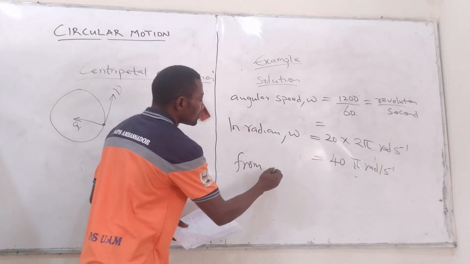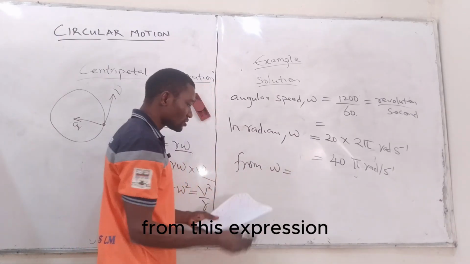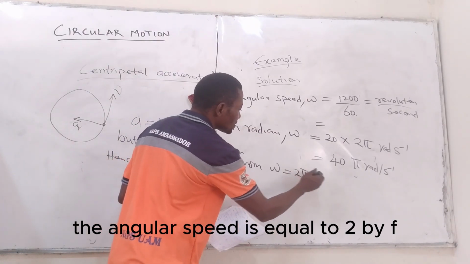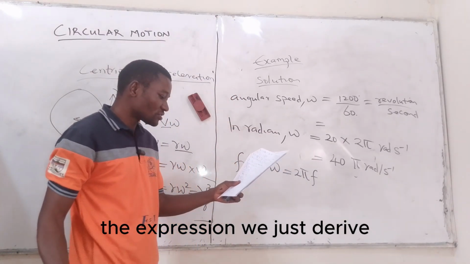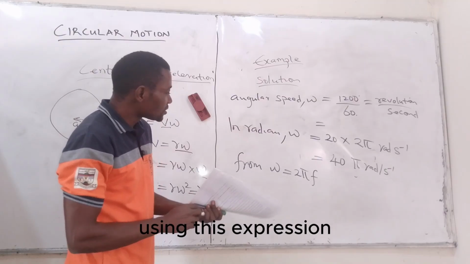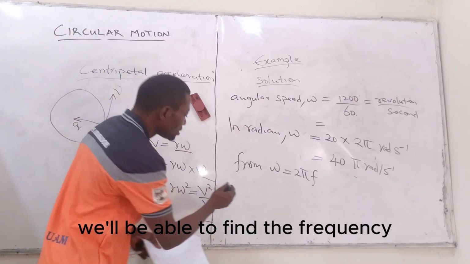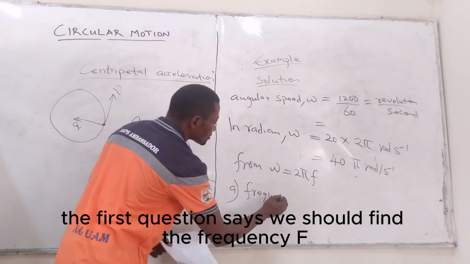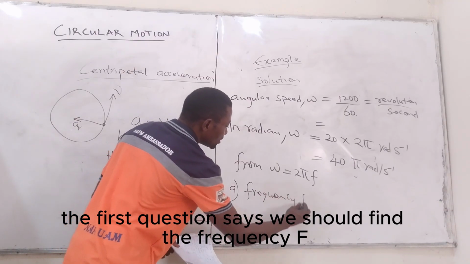And from this expression, the angular speed is equal to 2 pi f, the expression we just derived. Using this expression, we'll be able to find the frequency. Remember, the first question says we should find the frequency f.